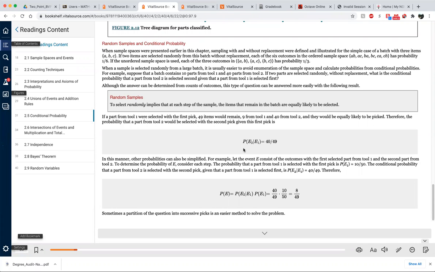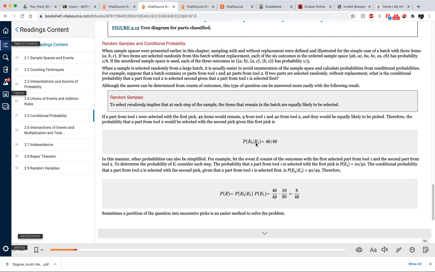Since E1 has already occurred, it means that we already took a part from tool 1. So how many parts are left? 49, right?